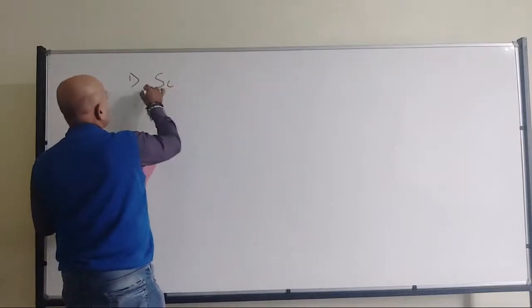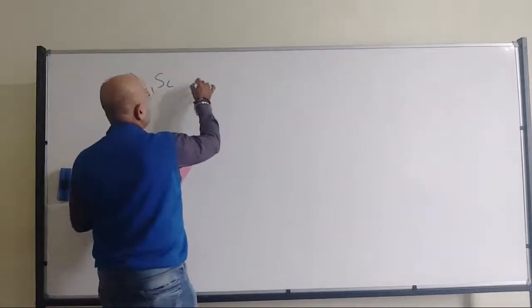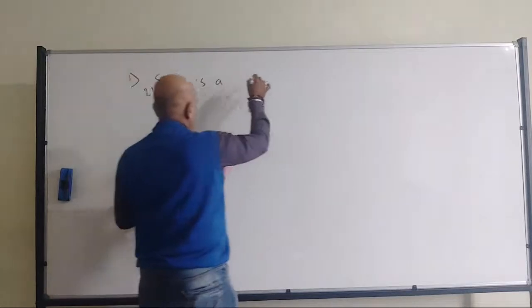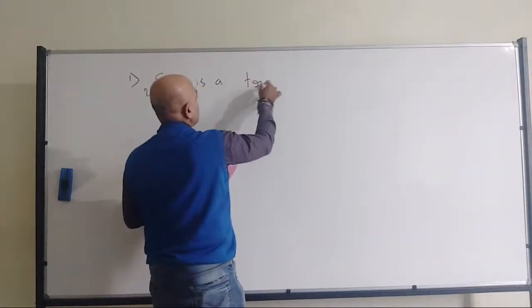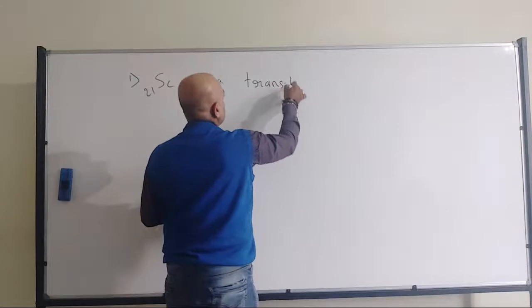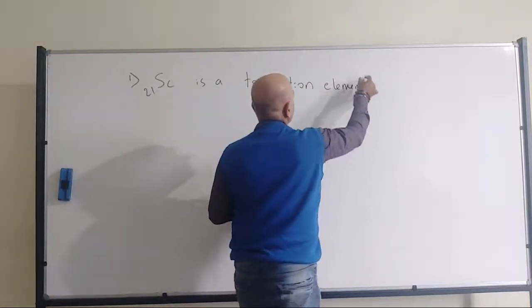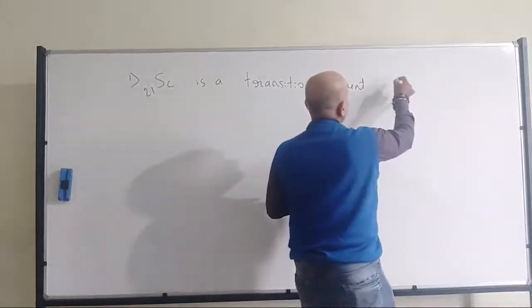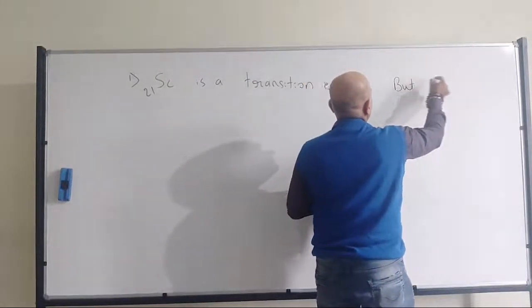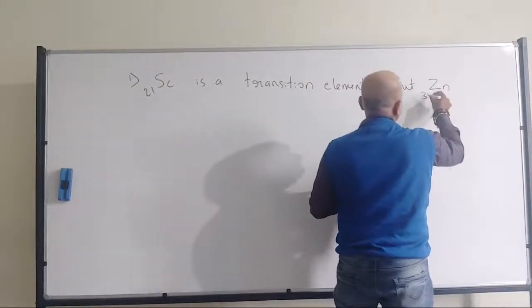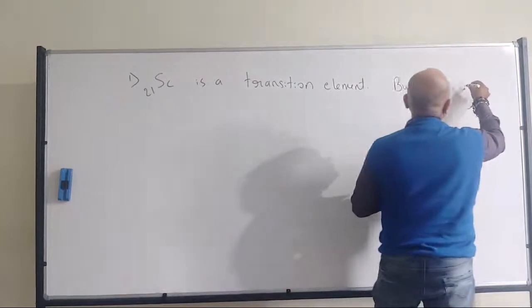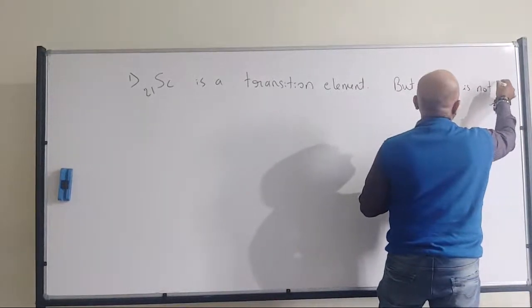Scandium, atomic number 21, is a transition element, but zinc, atomic number 30, is not.